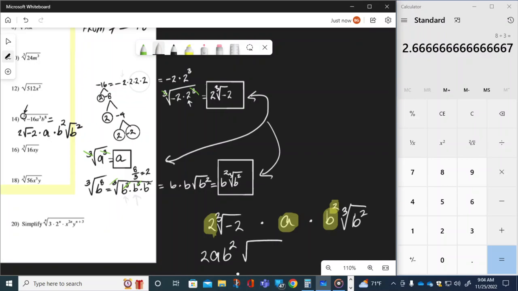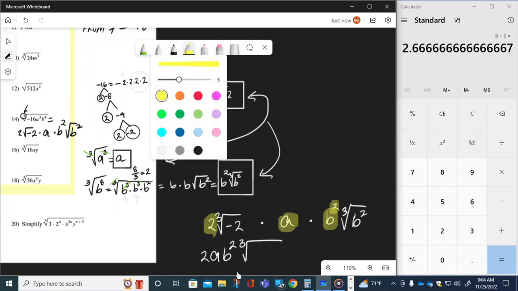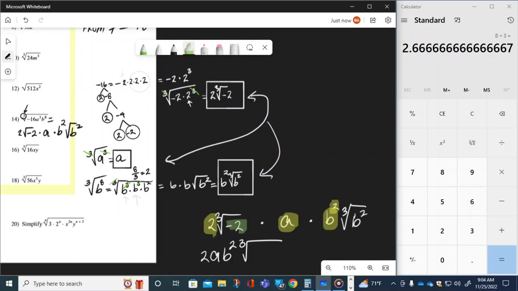And then you're gonna put everything that's in jail together. So you gotta put this 2, -2, and that's B to the power of 2. You put them inside. And there you have it, folks. This here is the answer to this exercise.